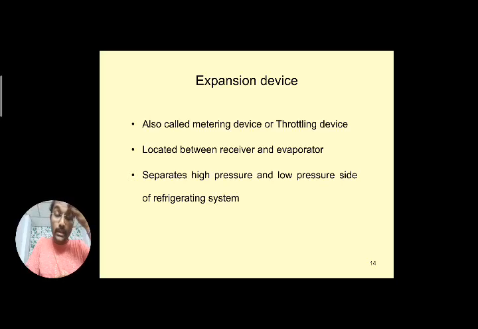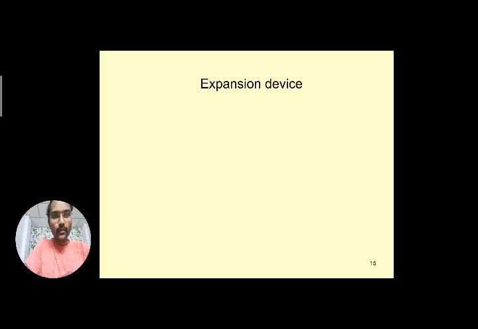The expansion device decreases the pressure rapidly, so low temperatures are created at its exit. So the compressor, condenser and receiver come under the high pressure side, and the expansion device and the evaporator come under the low pressure side of the system.